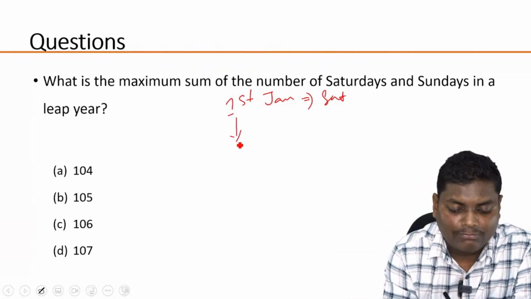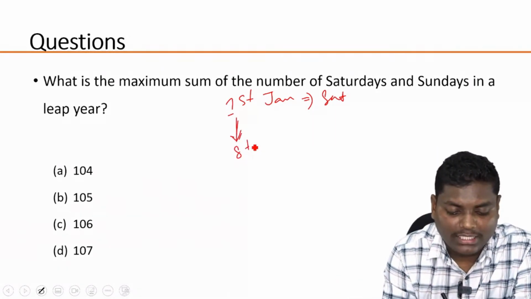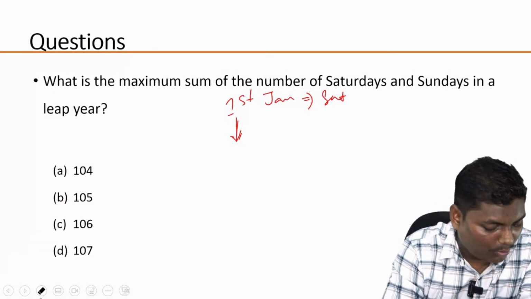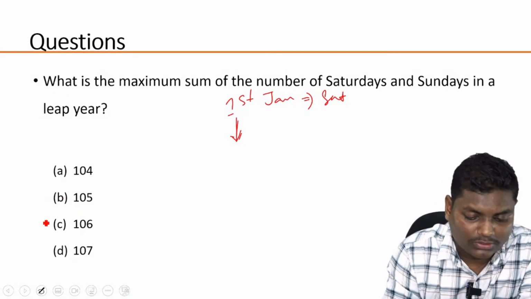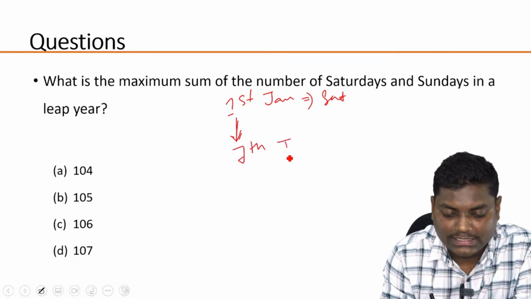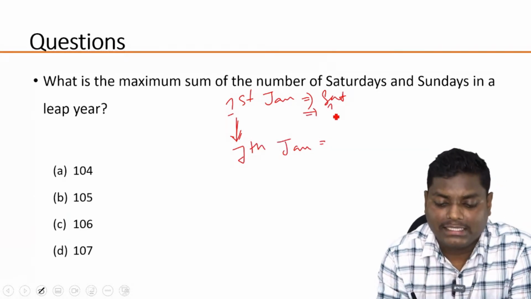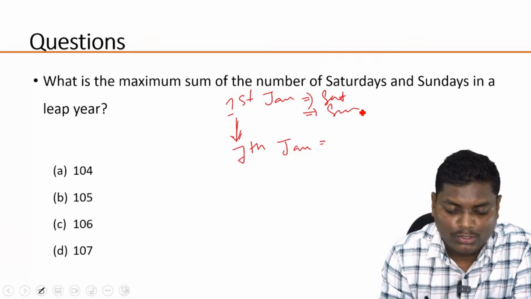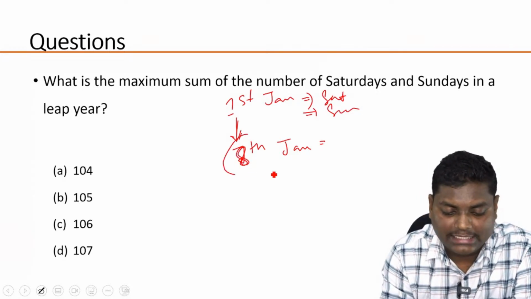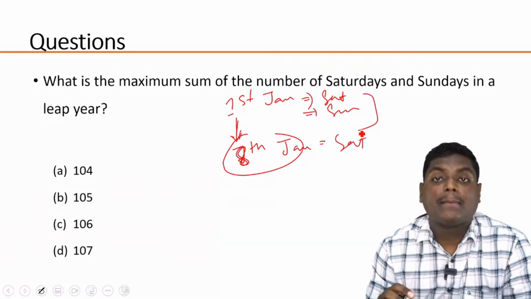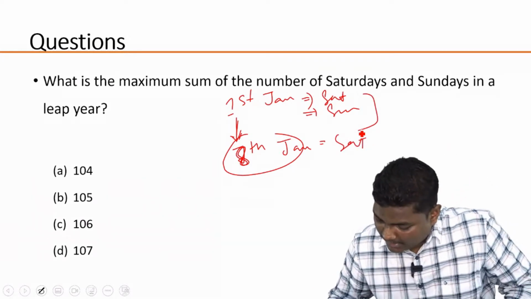So if we add the first 7 days, on the 7th Jan, first will be Saturday, then Sunday. On the 8th Jan, again we'll have Saturday. So this first week is completed.